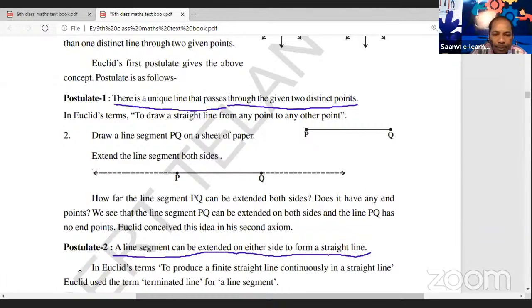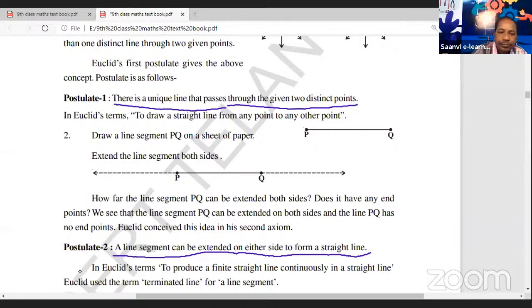See here, PQ is the line segment. It can be extended left side and right side endlessly. So this is postulate two. In the figure, the PQ line segment is extended on the left side and the right side.